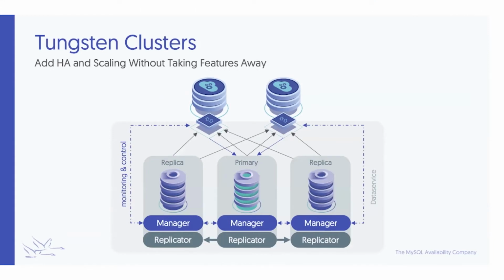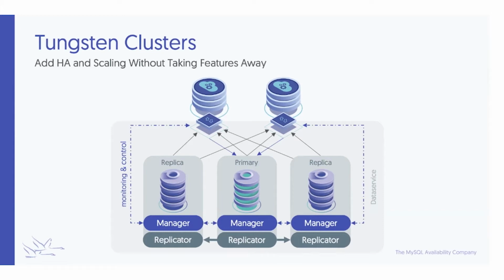So if we look a little bit more in depth at a Tungsten cluster, and this is a local cluster, we see the other components that are also installed. There's the Tungsten Manager and Tungsten Replicator. So the replicator, of course, takes care of all the replication within the cluster. We're also going to see how the Tungsten Replicator is used to extend the cluster to multiple sites.